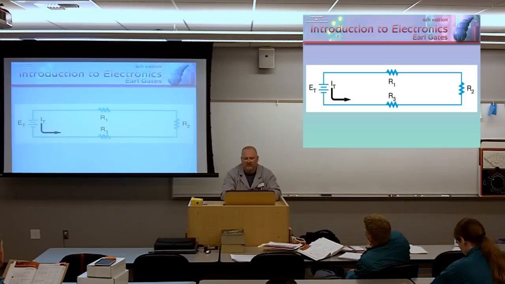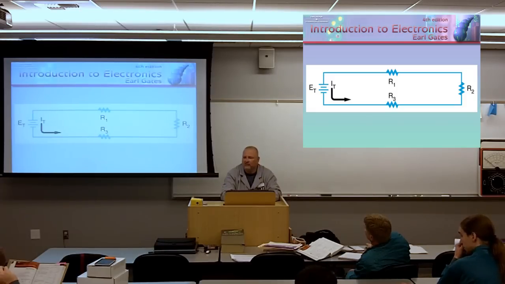The second most important thing about a series circuit is also known as, right? AKA, like in police lingo, AKA, also known as a voltage divider. In this particular circuit, I look at it, and yeah, I've been doing this since puberty, but I look at this, and what do I see?